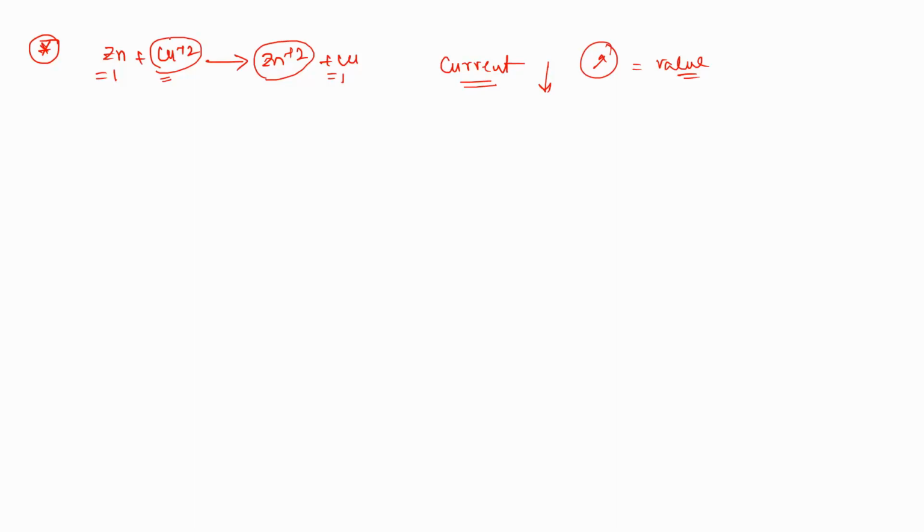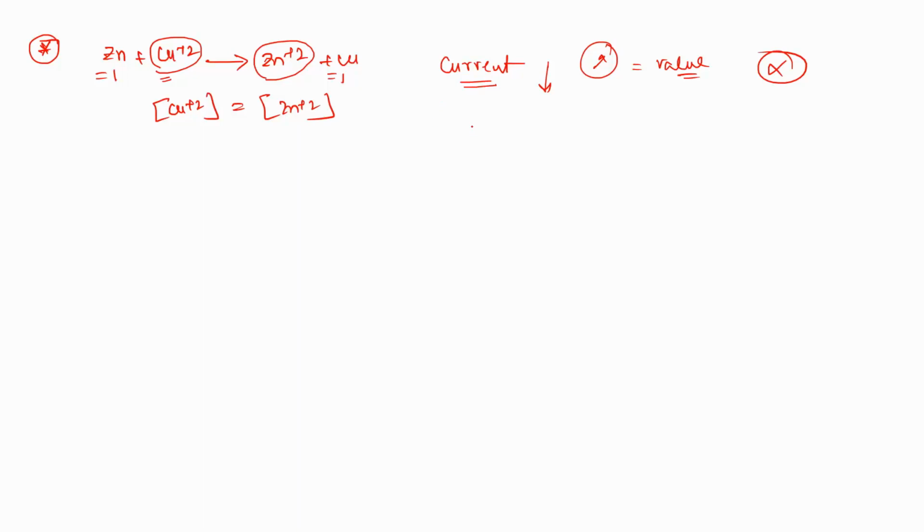After some time, what will happen? We will not get any current. That means the concentration of copper plus 2 is equal to the concentration of zinc plus 2. What is happening if we understand that condition?